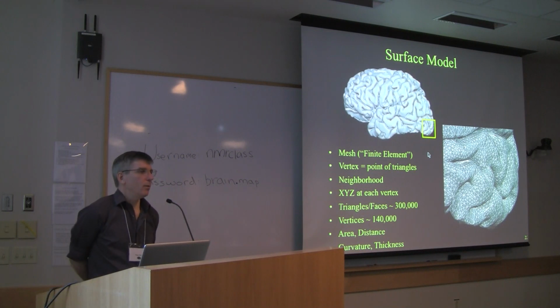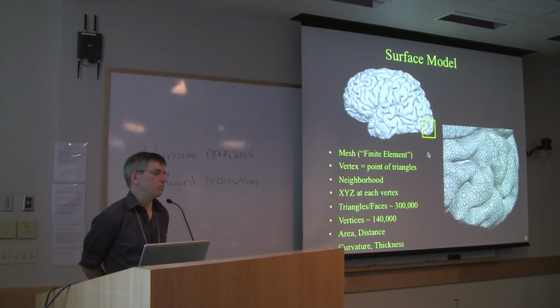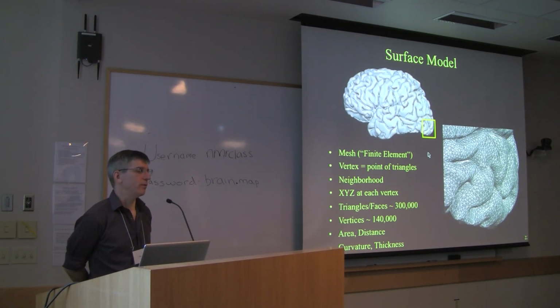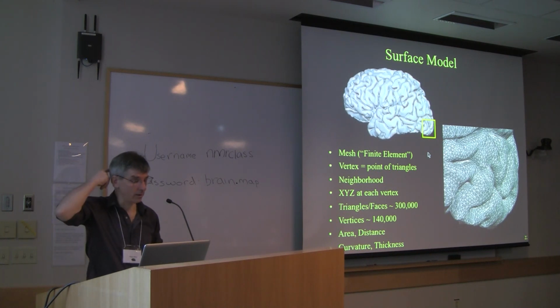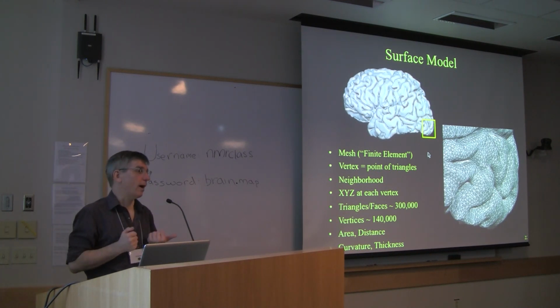And so one of the things that you should get out of this class is to understand what a surface is. Because if you've been doing neuroimaging for a while, but you've never dealt with surfaces, this is the new animal. And so you have to get comfortable with working with surfaces and understanding what surfaces are. So in this case, a surface is a mesh. The mesh is made up of these triangles.